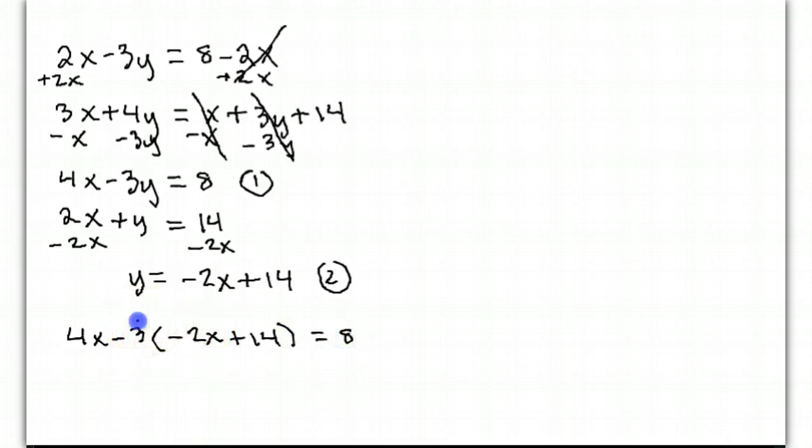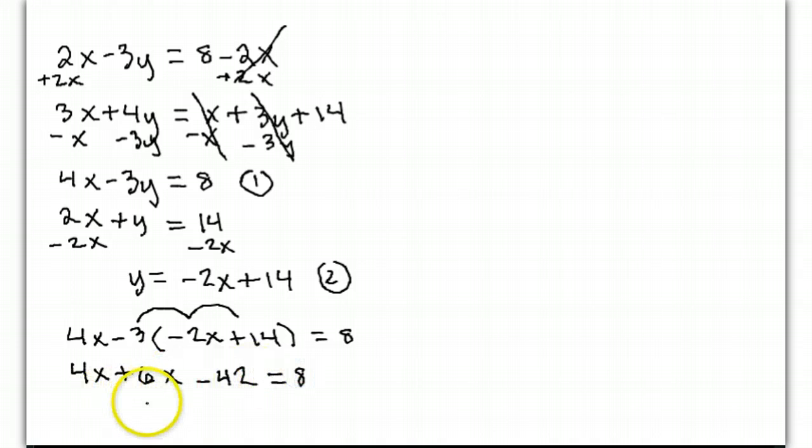And so when I bunny hop the negative 3, I'm going to have 4x plus 6x minus 42 equal to 8. And 4x plus 6x gives me 10x, so I have 10x minus 42 equal to 8.